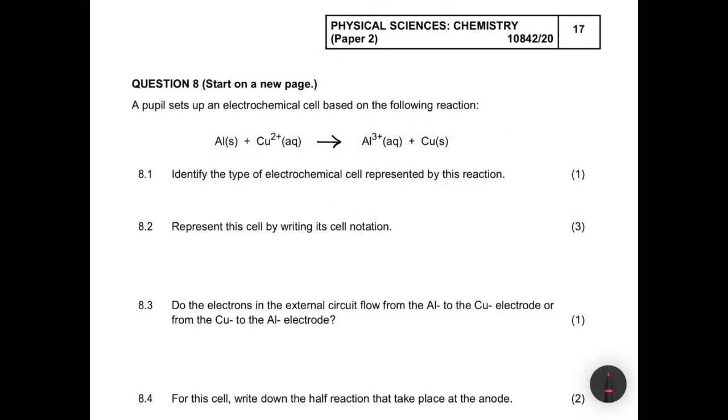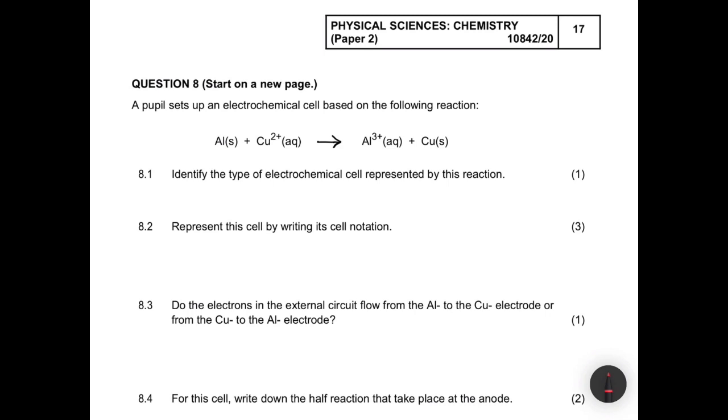Set up an electrochemical cell based on the following reaction: aluminium plus copper 2+ ion, giving us aluminium 3+ ion plus copper. And then 8.1 says identify the type of chemical cell represented by this reaction. We only have two options here: either a galvanic cell or an electrolytic cell. Clearly, this is a galvanic cell. Why am I saying clearly?